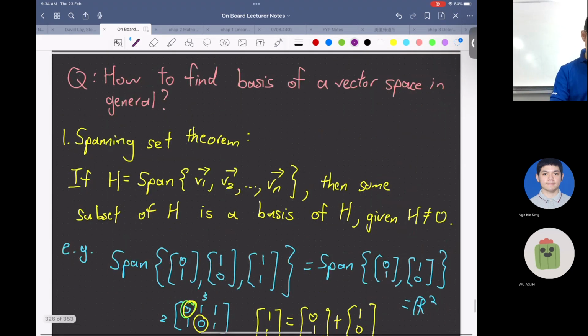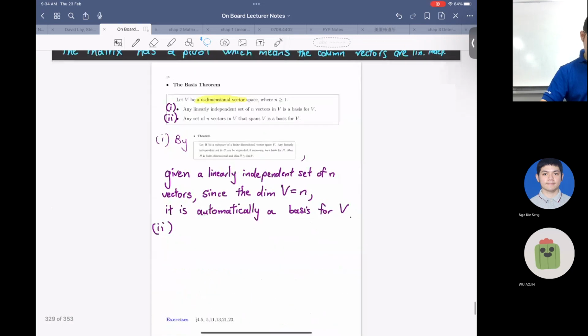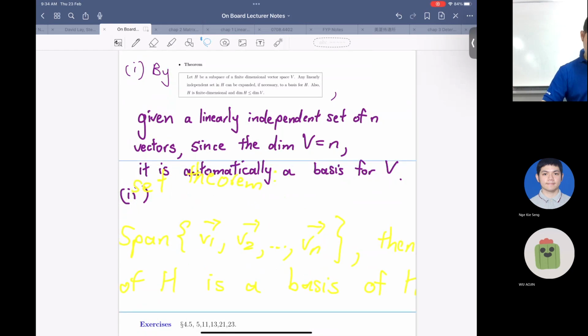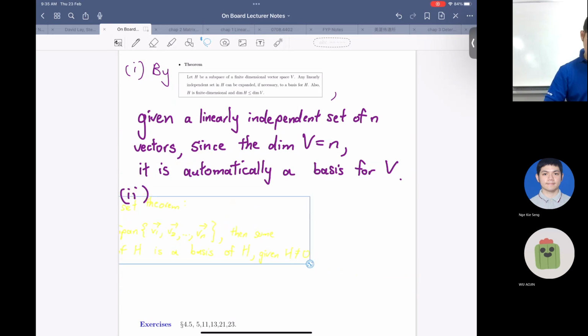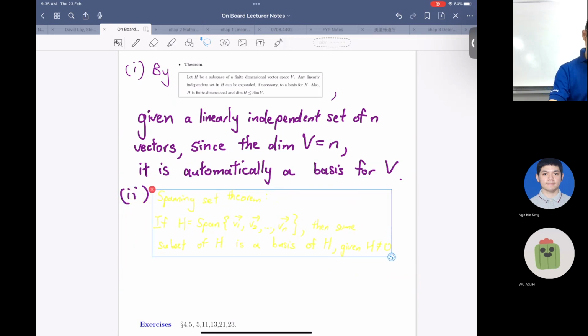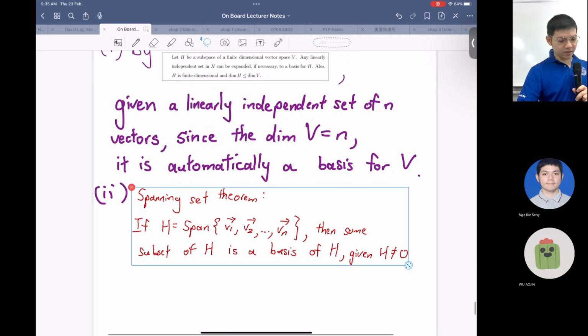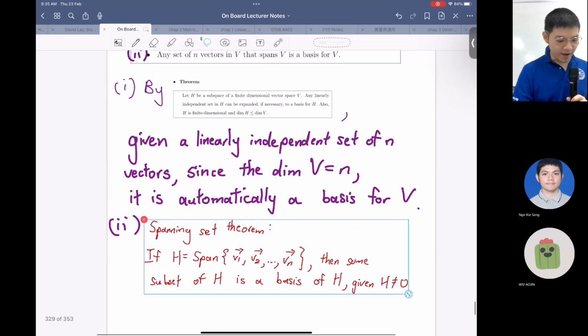Let me move the spanning set theorem here. If you start with the spanning set theorem, you have a span of n.